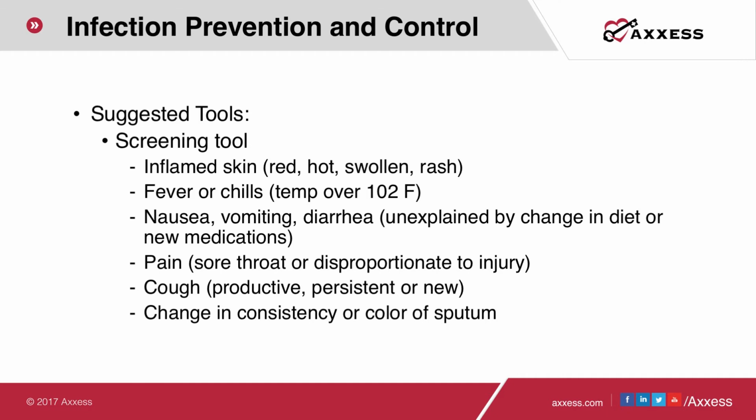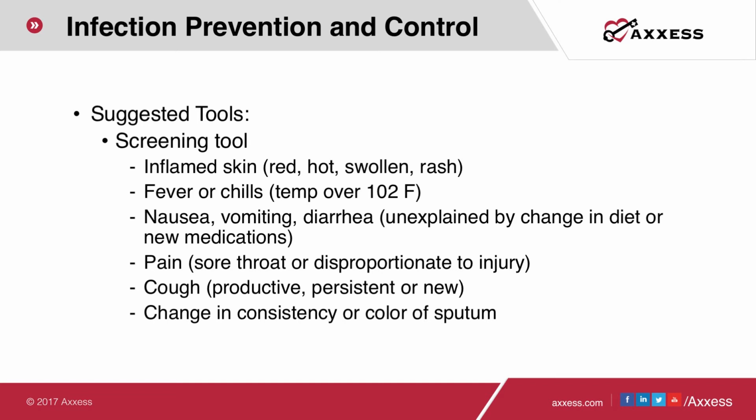That screening tool should also bring the attention to inflamed skin that's red or hot or swollen or has a rash, or fever or chills, which is temperature over 102 degrees Fahrenheit, nausea, vomiting, and diarrhea that's unexplained by a change in diet or new medications.